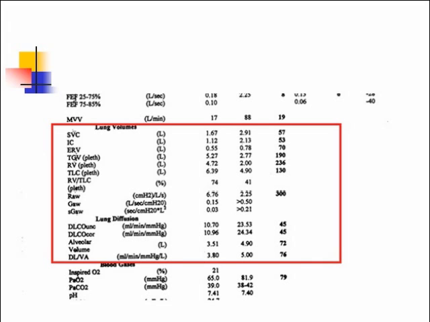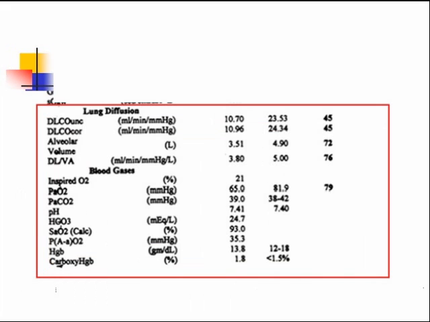So TLC and TGV are basically the same thing, total lung capacity. The last section is the lung diffusion. Of course, we just got done talking about that, indicating the change in the alveolar membrane. And then we also have the blood gases, which kind of go along with diffusion, but we want to look at the blood gases in relationship to the pulmonary function testing.